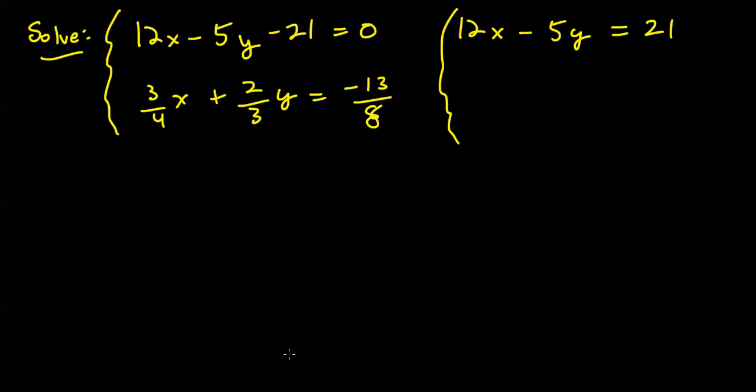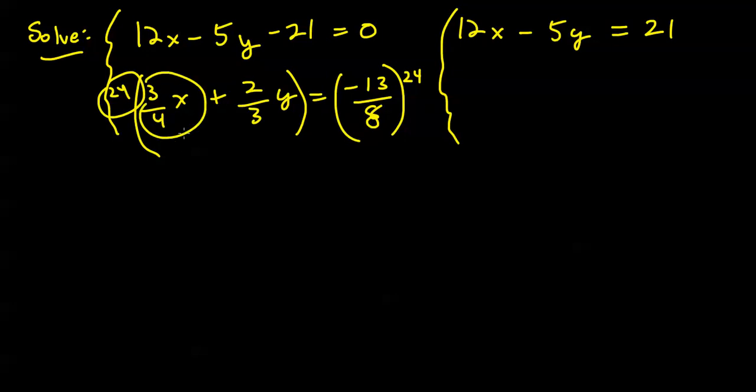The bottom equation has got some nasty fractions in it, and we don't like fractions, so I'm not going to deal with the fractions. I'm going to multiply the bottom equation by the least common multiple of all these denominators, which of course is 24, right? 24 is the least quantity that is a multiple of 3 and 4 and 8. Alright, you've got to apply your distributive law correctly. 24 times 3/4 x, well, 4 goes into 24 6 times, and 6 times 3x is 18x. And the fraction goes away.